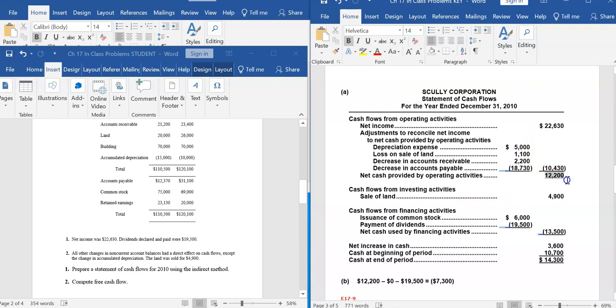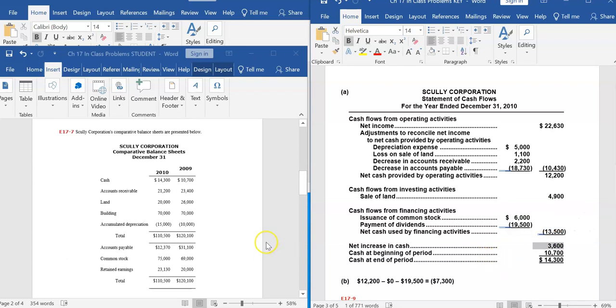If I take the totals from each section, overall cash provided by operating activities, overall cash provided by investing activities, and overall cash used by financing activities, and combine those three, I have an overall net increase in cash during the year of $3,600. I can reconcile that to make sure I am correct by combining the year's increase in cash with the beginning balance in cash.